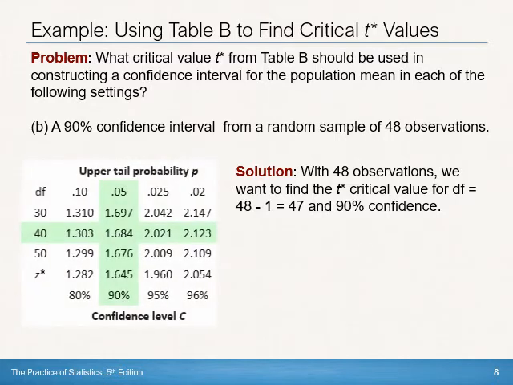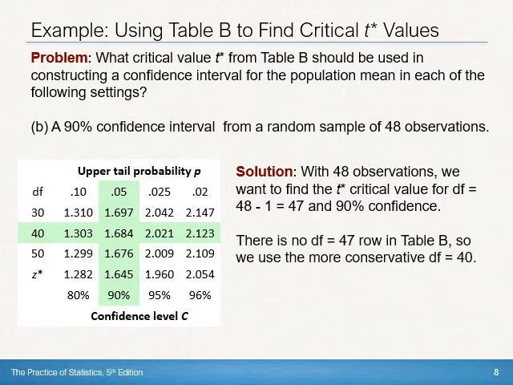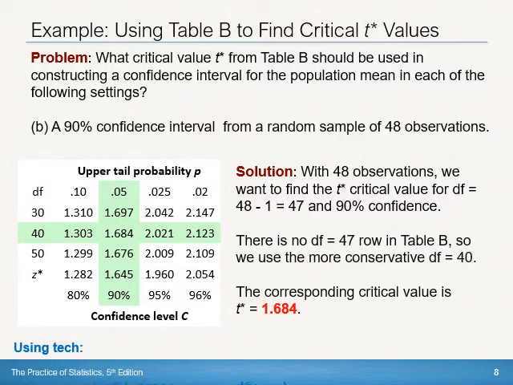However, when we go look at the table, you'll see 47 is not listed in the degrees of freedom. So we will always go down in value to 40. So we look at the 40 together with the column of 90%, and that gives us a critical t value of 1.684.